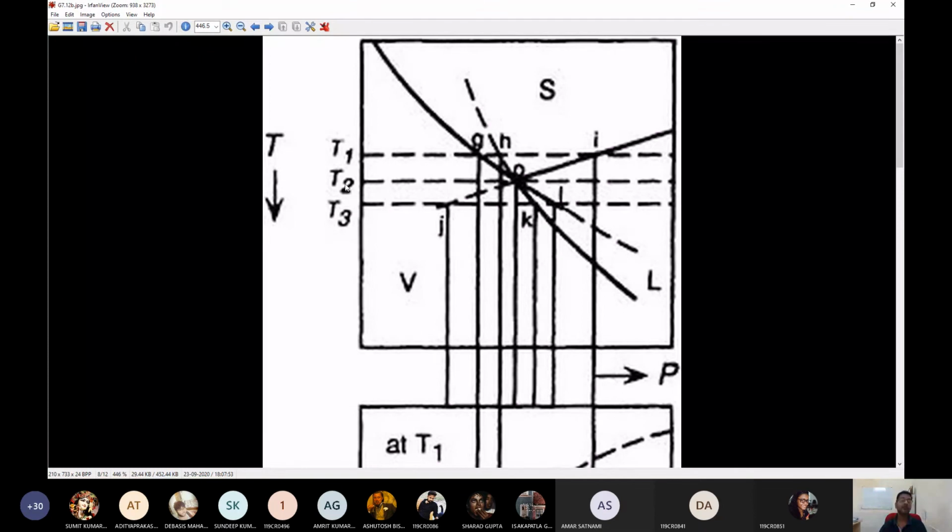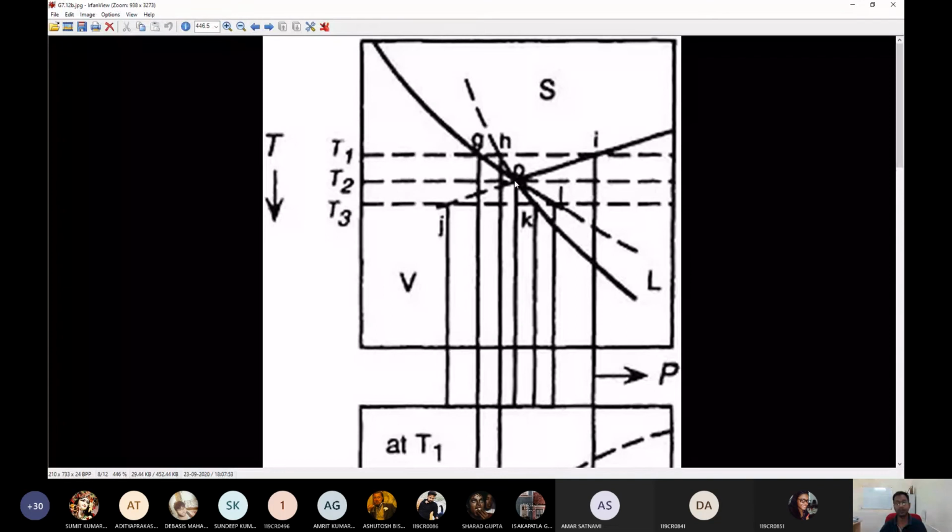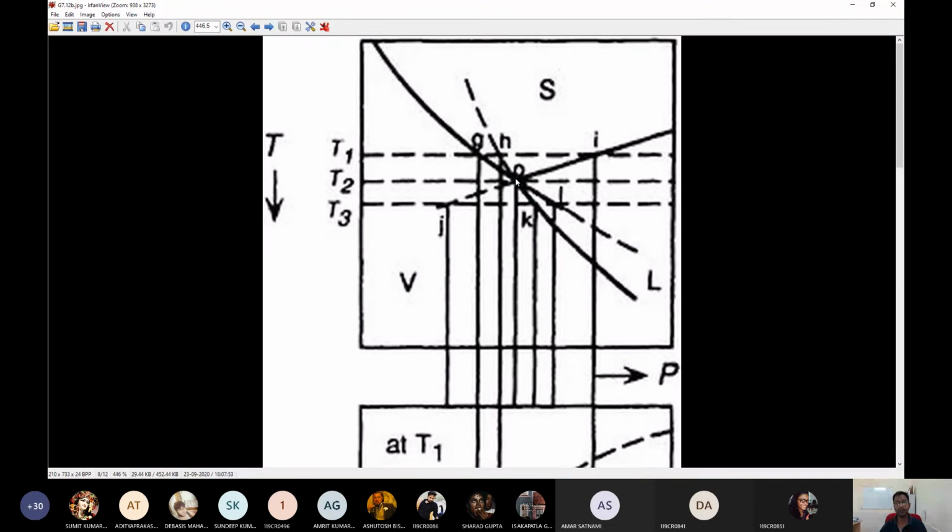Likewise, you can have the same things drawn for T2. T2 is the most simple one because T2 is the temperature corresponding to the triple point here, and here it is completely the vapor phase primary phase field from here to about point PO. I'm sorry, it's not temperature, it's pressure.